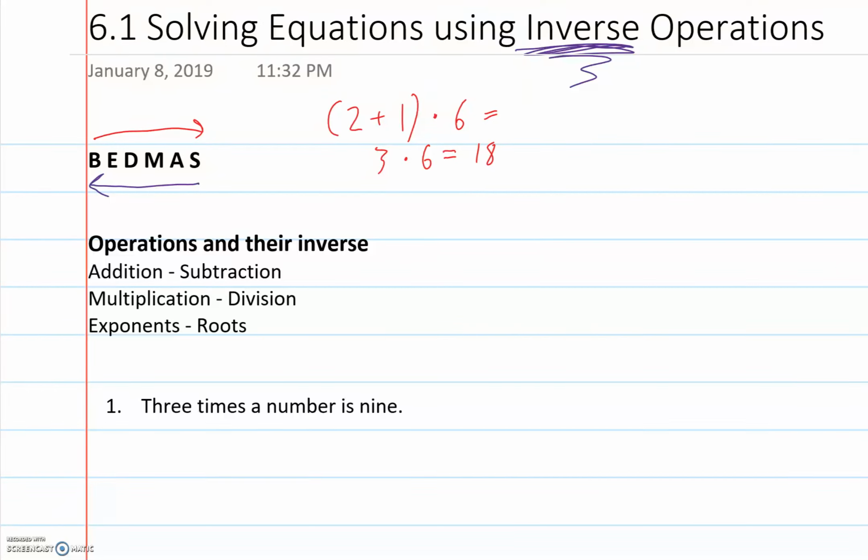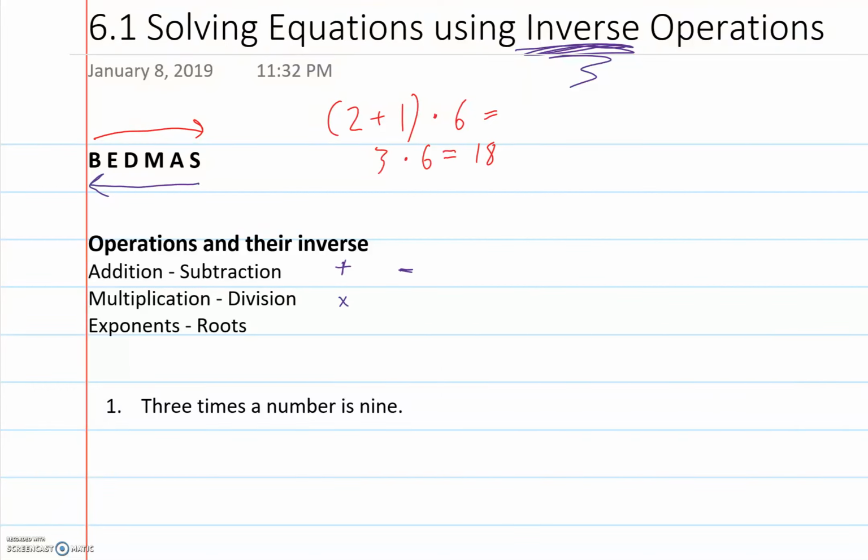Let's take a look at some of the opposite operators, because we're saying inverse operators or opposite operators, same difference. Let's look at a couple of operators and what their inverse is. If you have addition, the opposite is subtraction.